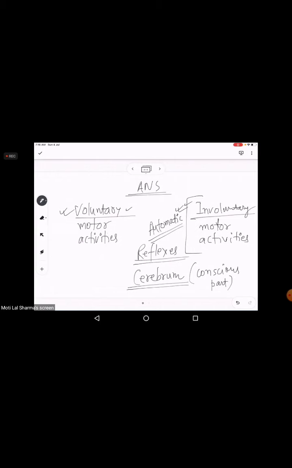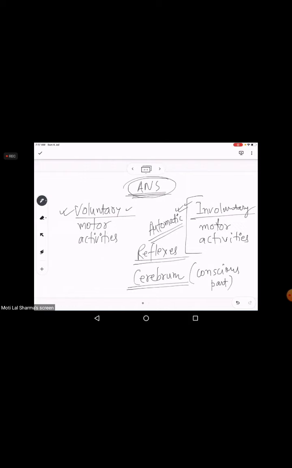And all your involuntary motor activities are controlled by a division of your nervous system, and that division is the autonomic nervous system. I have not told you what that is, because up to class 10 what you have studied, your nervous system has three divisions: central, peripheral, and autonomic.